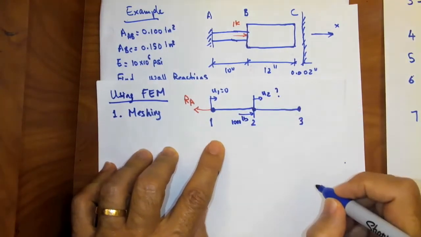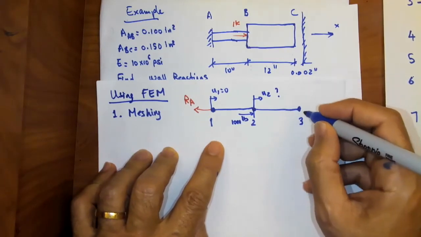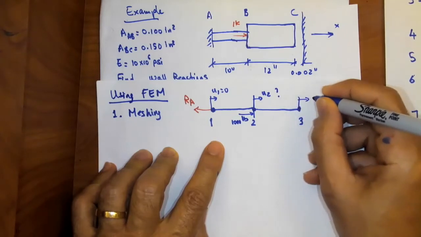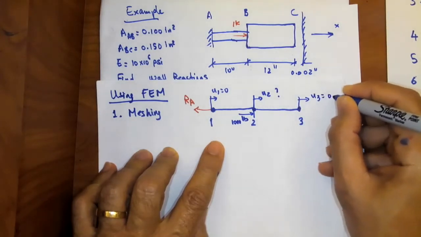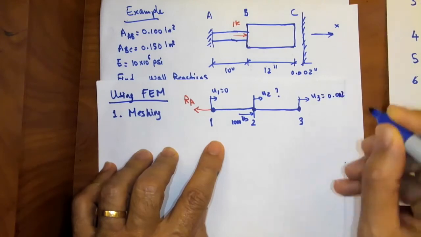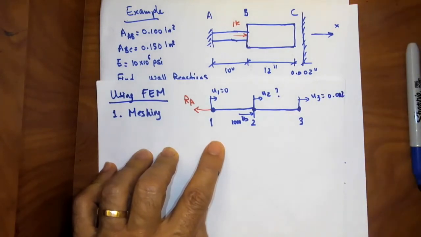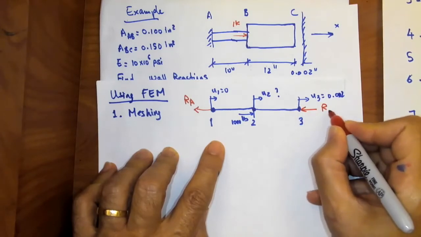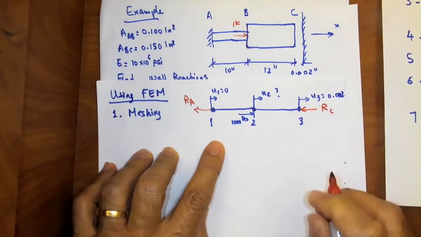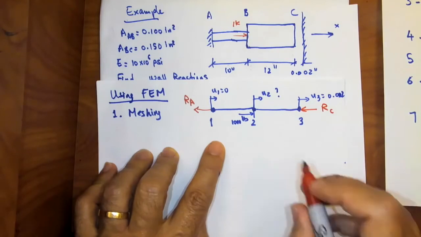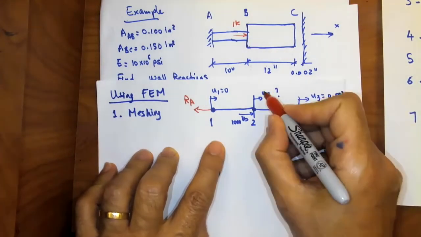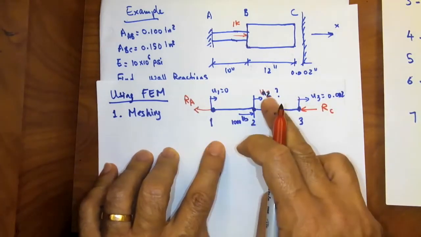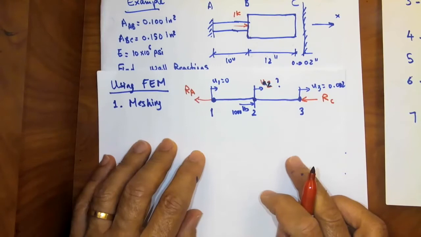At node 3, we know that we have a displacement U3 of 0.002, and we have a wall reaction that we do not know, RC. So really here are our three unknowns: RA, U2, and RC.